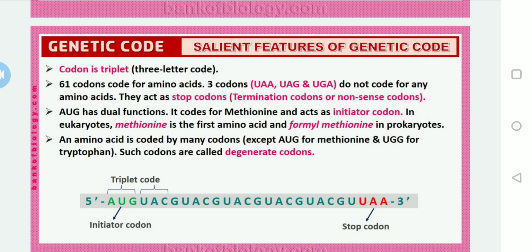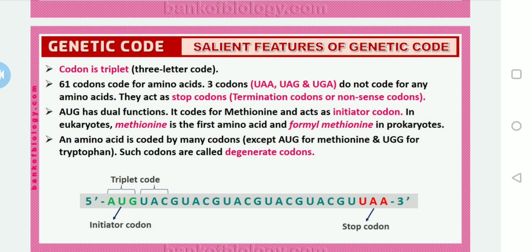The first one is triplet codon, or we can say the codon is triplet. What is the meaning of this? The genetic code is a triplet, that is, the codon is represented by 3 nucleotide sequences present on messenger RNA.